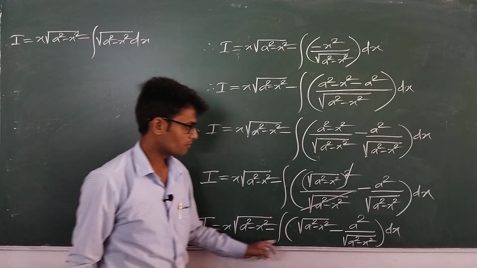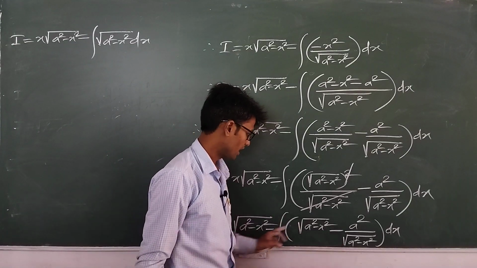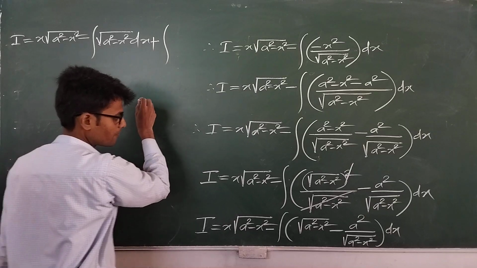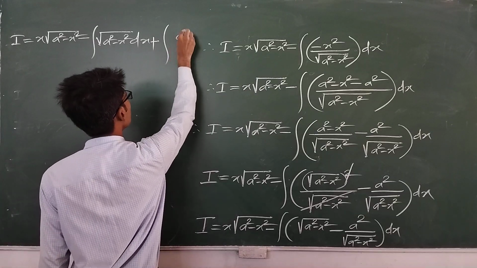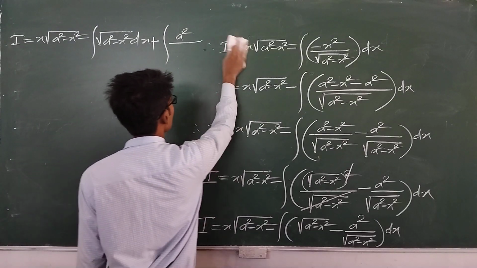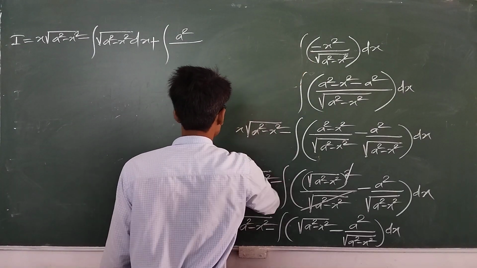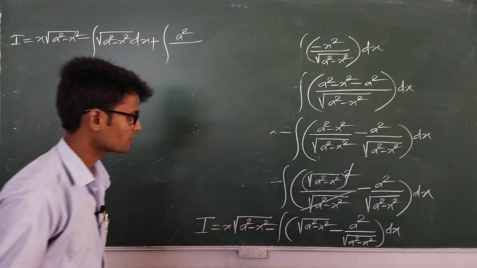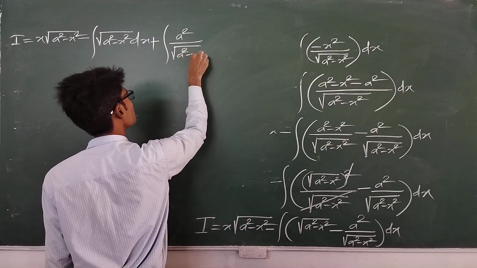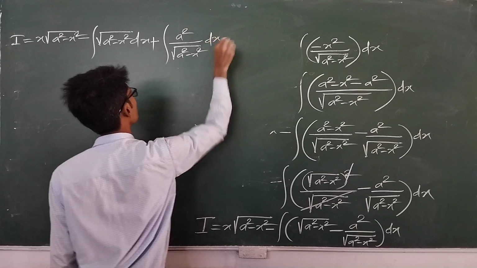Next, minus into minus we have plus, so plus integration of a square divided by square root of a square minus x square with respect to x.